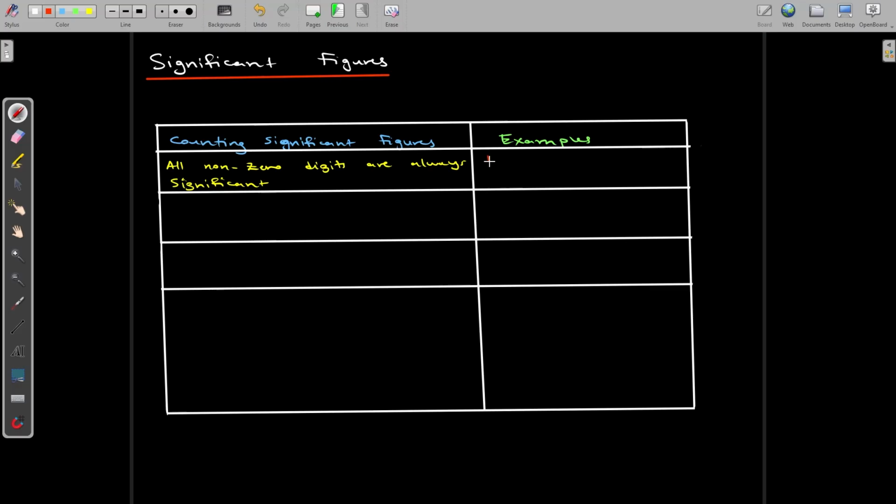So if we have something like 1.54 or 45, how many significant figures does this one have and this one? Two. This one has two? Two. It's 1.54, you know.